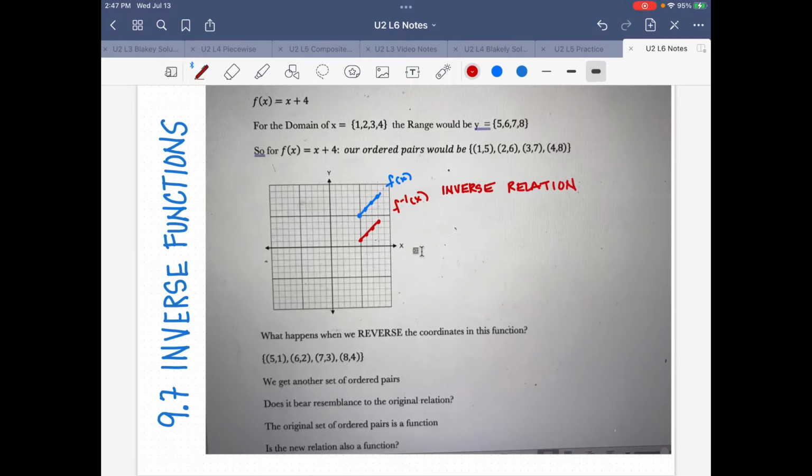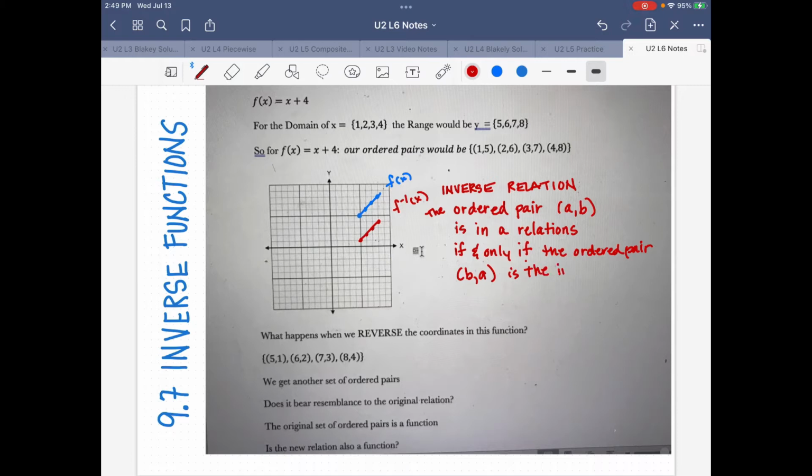If we have an ordered pair, written in ordered pair notation, and it's in a relation, and remember, any set of ordered pairs is a relation, then the ordered pair (a, b) is in a relation if and only if the ordered pair (b, a) is in the inverse relation.